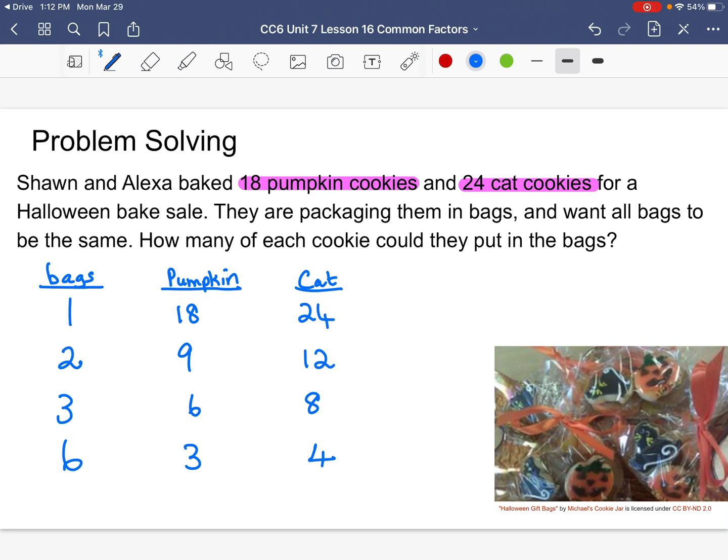They can't divide by 7 or 8. They can divide 18 by 9, but they can't divide 24 by 9. So I think this is all of the combinations of cookies that they could have and have the same number of cookies in each bag. They can have 6 bags with 3 pumpkin cookies and 4 cat cookies, or the other combinations that you see laid out on the table here.